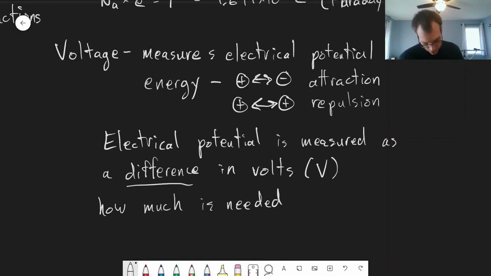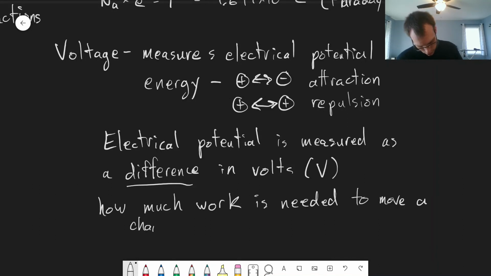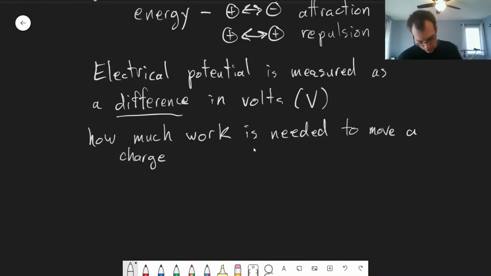How much work is needed to move a charge, or how much work can be done by a charge.